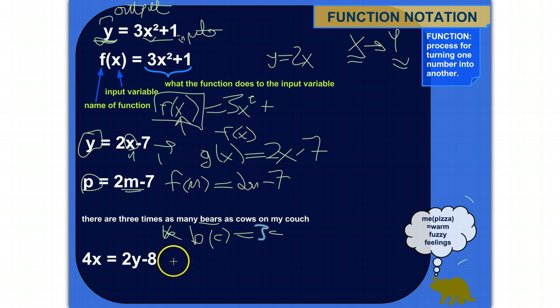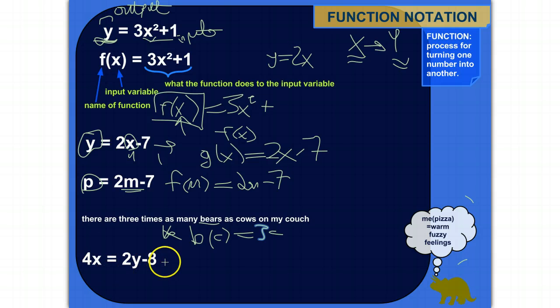Okay, what if you had a situation like this, where you've got 2 variables, and they're defined in terms of each other, but there isn't an obvious output variable. We don't have a variable by itself on one side of the equation with the rest of the stuff on the other side. Well, in this case, you just decide what variable you're going to define in terms of the other.